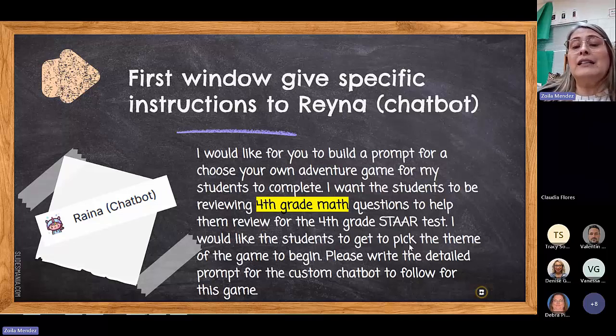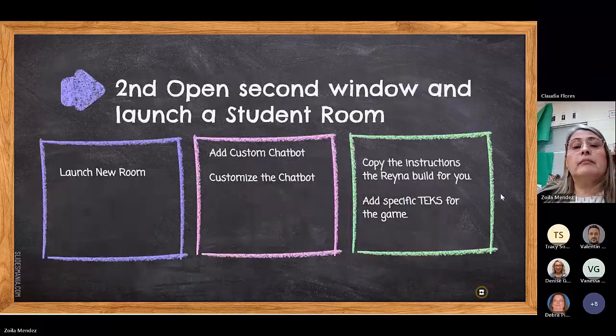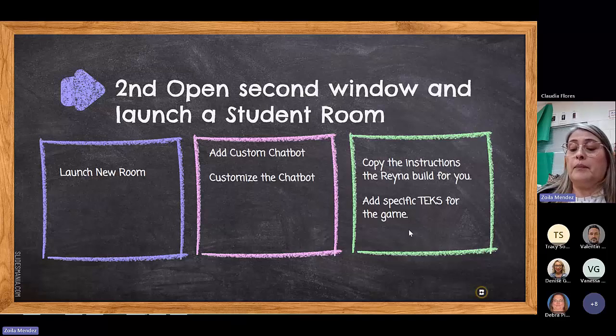So this is all I did on the first window, and then I launched it to the student room. All we have to do is open MagicSchool, add a custom chatbot, customize it, and give the specific instructions. And one thing we do have to add is the specific TEKS for the game.